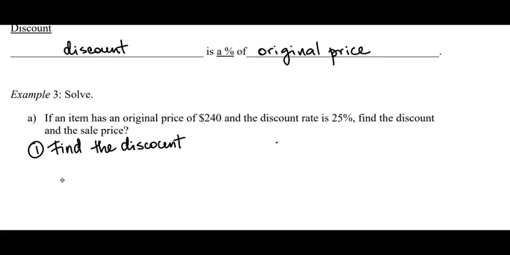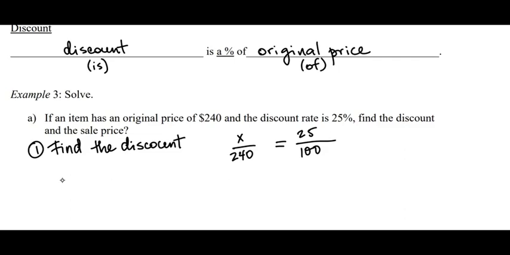All right, so set up our proportion, 25%. And then the original price is going to be the of part, and the discount is going to be the is part. So 240, we don't know how much that is.